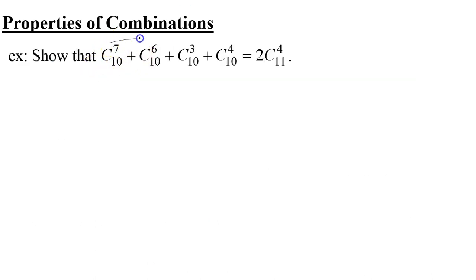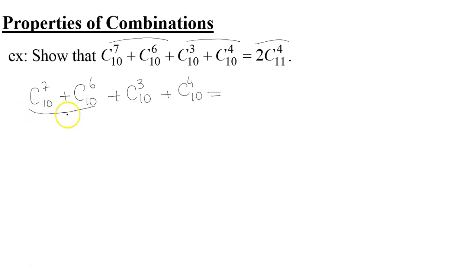So if we look at these two, the number of selections differ by 1, and these two, the number of selections differ by 1. So the combination of 7 out of 10 plus the combination of 6 out of 10 plus the combination of 3 out of 10 and the combination of 4 out of 10 is equal to.